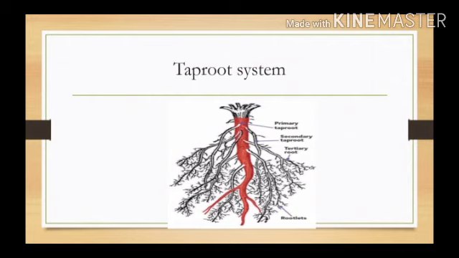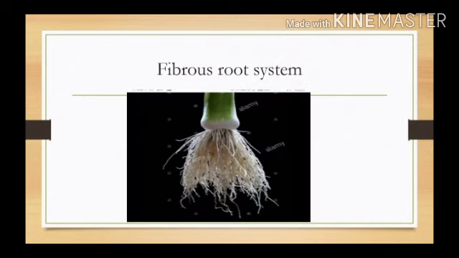Roots bear hair-like processes near the root tips. These are root hairs. The root tip is delicate. This is the region of the growth of the root. The tip is covered by a cap-like structure called the root cap. The root cap protects the root tip from injuries, as shown in figure.